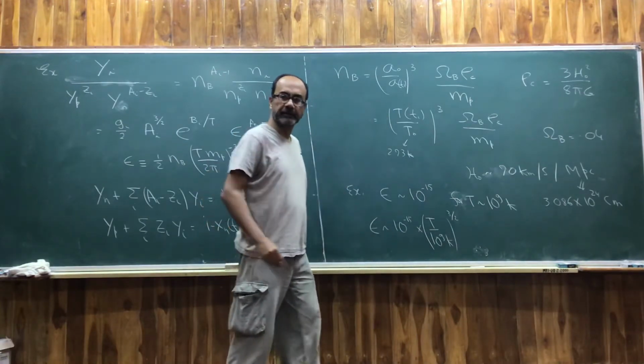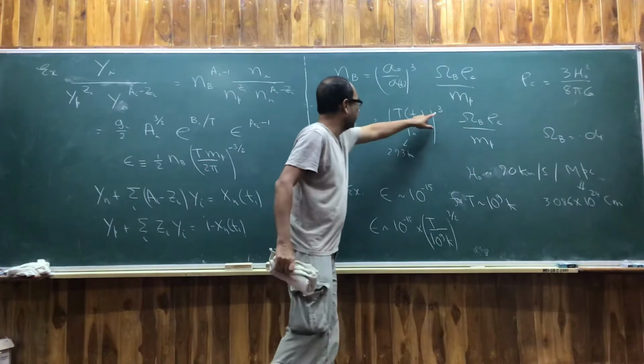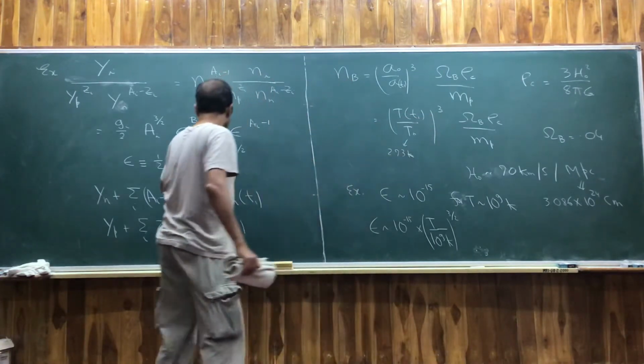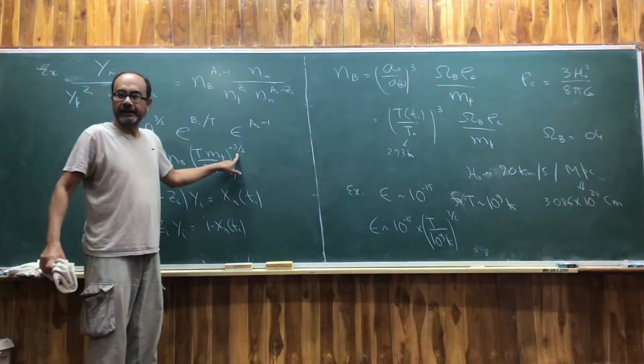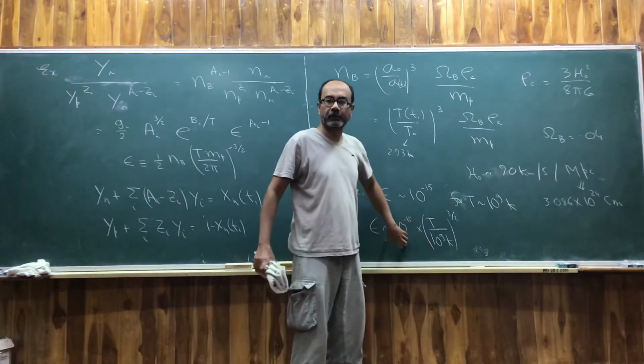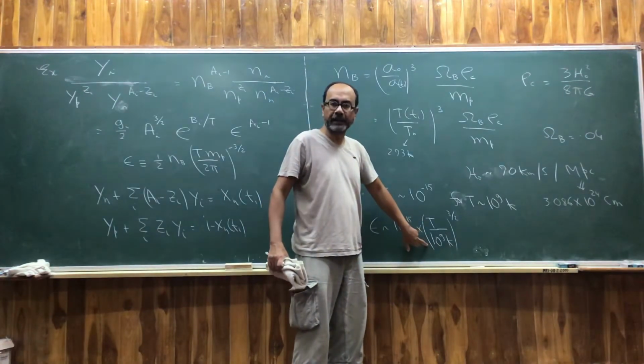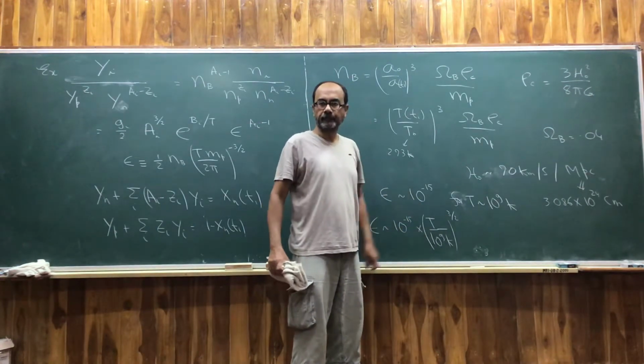That's the correct formula. Because you can see there's a T cubed coming from here, and there's a T to the minus 3 half coming from here. Okay, so it's normalized so that at T equal to 10 to the 9 K, it's 10 to the minus 15. At any other temperature, there is a factor of T over 10 to the 9 K to the power 3 half.